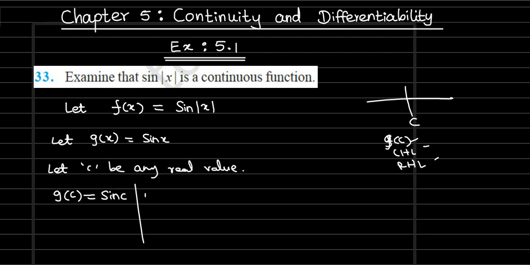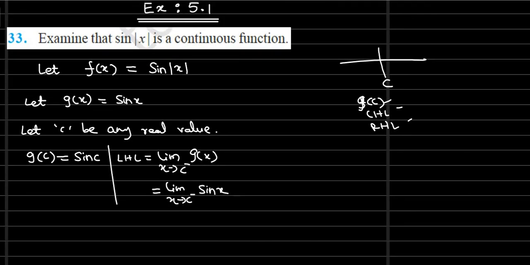Now we have to find the left hand limit: limit x approaching c from the left hand side, g of x, where g of x is sin x. The values close to c on the left are approximately c, but those values are less than c. Suppose you take the number 3, the close values on the left are 2.99. In the same way here, close to the point c there will be a small difference.